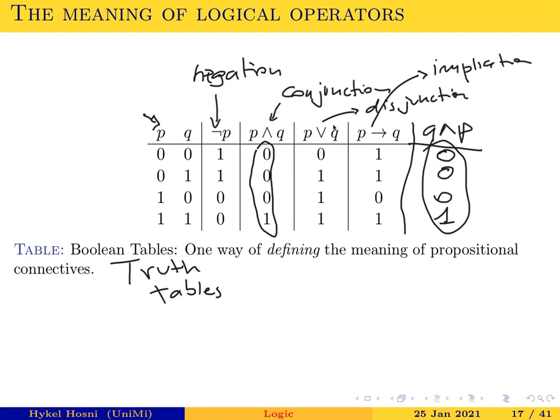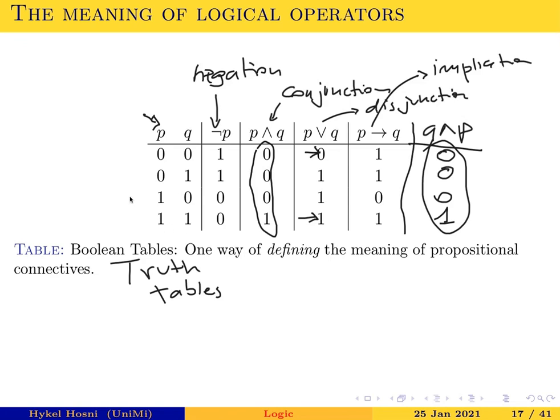Disjunction tends to be a bit more controversial because the definition of the meaning of disjunction is that a disjunction is false in just one case, when both disjuncts are false. So this actually means that a disjunction is evaluated to 1 when both disjuncts are evaluated to 1.